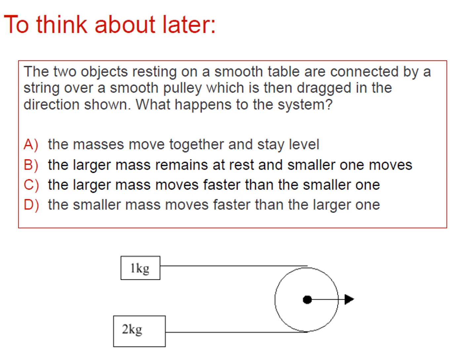The larger mass moves faster than the smaller one. The smaller mass moves faster than the larger one. And the tension will be the same in both strings. What do you think?